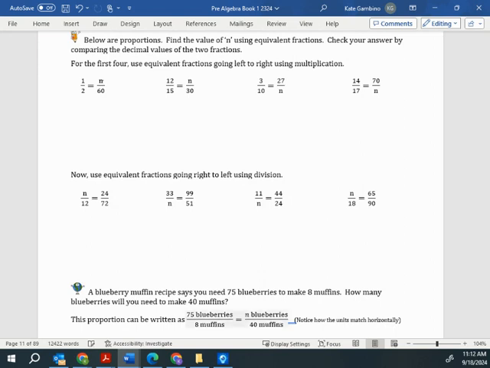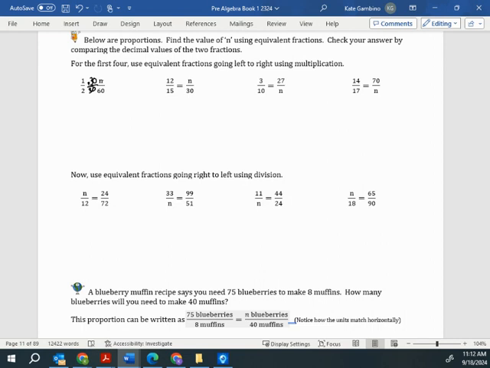1 is to n as 2 is to 60. What's my scale factor? What do you think, Amala? Why am I going to multiply it by 30?